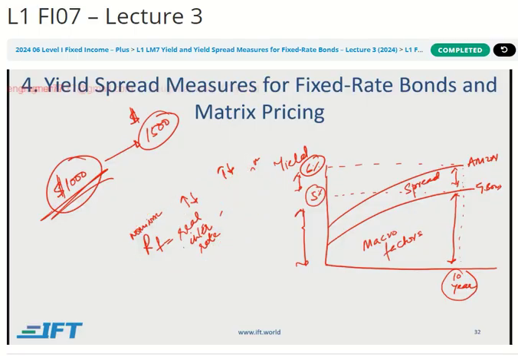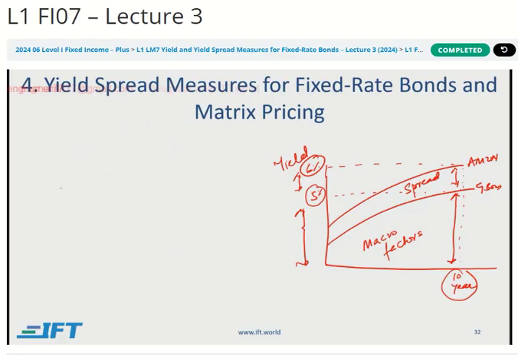And then the spread that you're earning on top of that, so that additional 1%, is impacted by the situation of the company. In terms of credit risk, what is the probability that Amazon might go bankrupt? If that probability goes higher, then obviously the spread should be higher. If that probability goes lower, that spread should be lower.